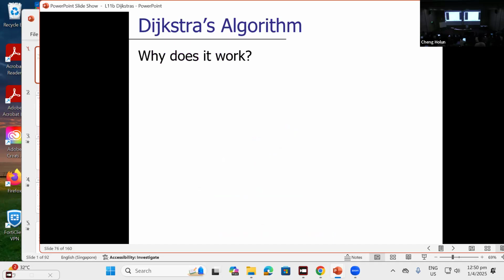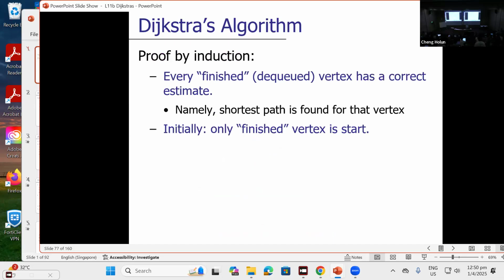How does this algorithm work? The algorithm is based on a very simple truth. Remember, the vertex that leaves the priority queue is the minimal one. The argument I want to make is, whenever you dequeue one vertex, the estimated distance it carries will already be the best distance.